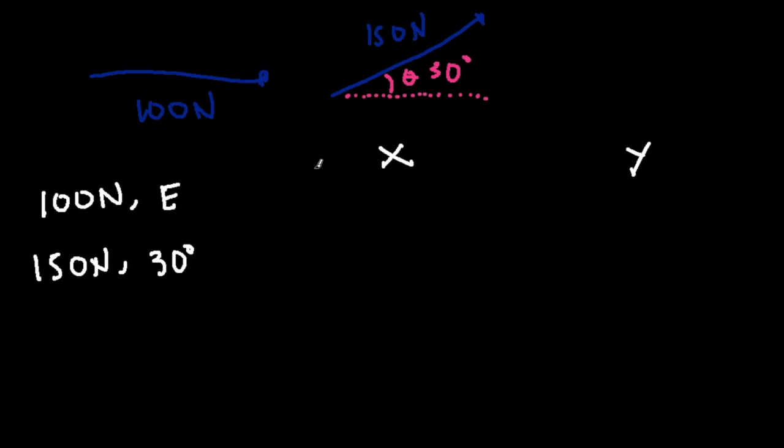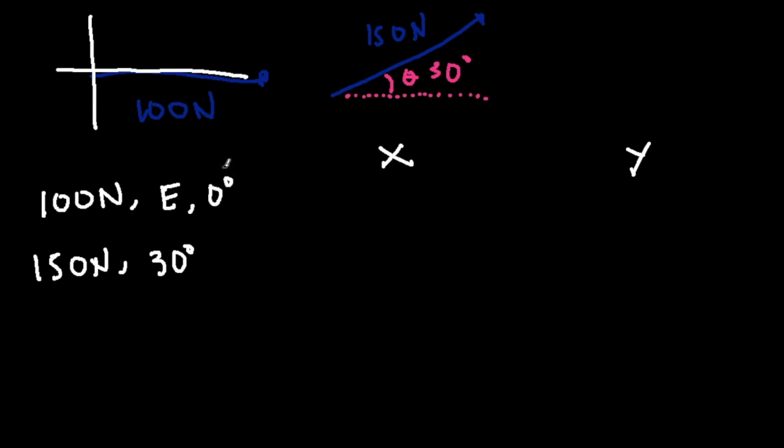Let's start with the first vector. Since it's directed to the east, if we graph this on an xy plane, it doesn't have any angle because it lies exactly on the x-axis. So the angle here should be east or 0 degrees.